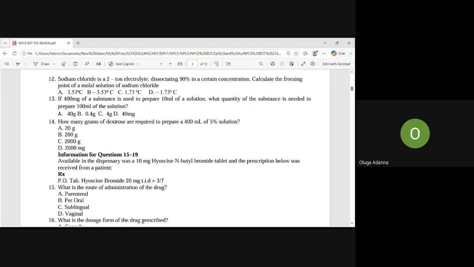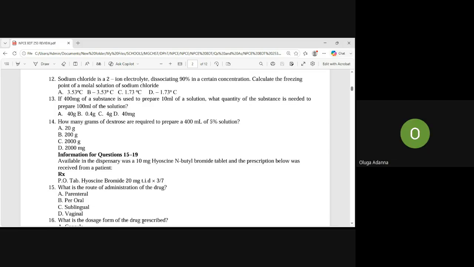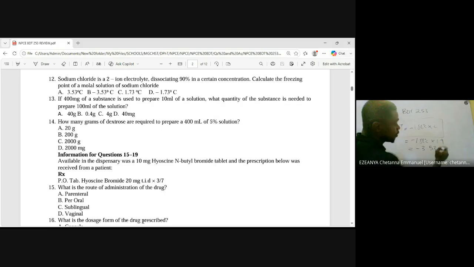That's B, minus 3.53 degrees Celsius. Which one is the option? Okay, we stop at this level. This is the freezing point of this solution of sodium chloride that dissociates 90%.